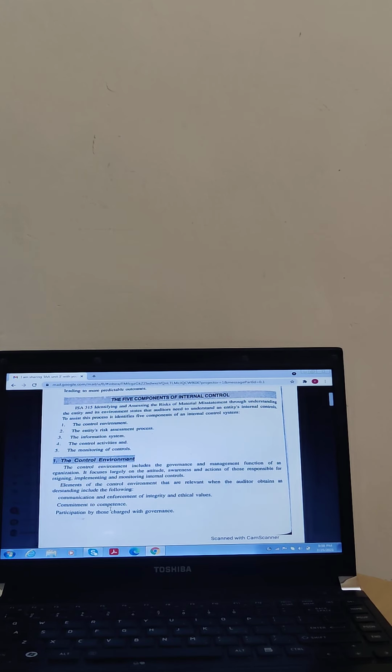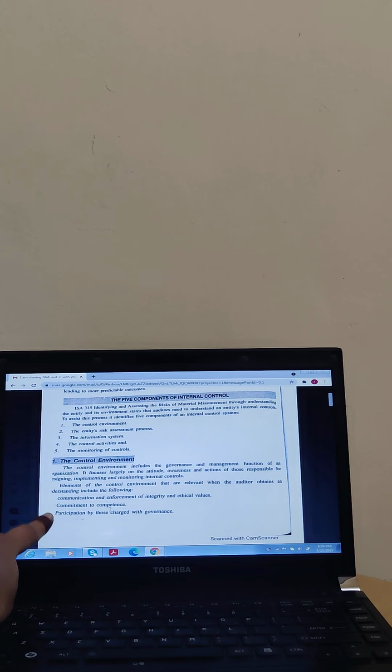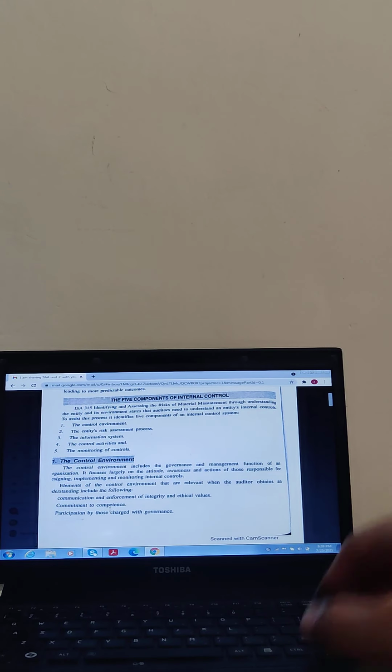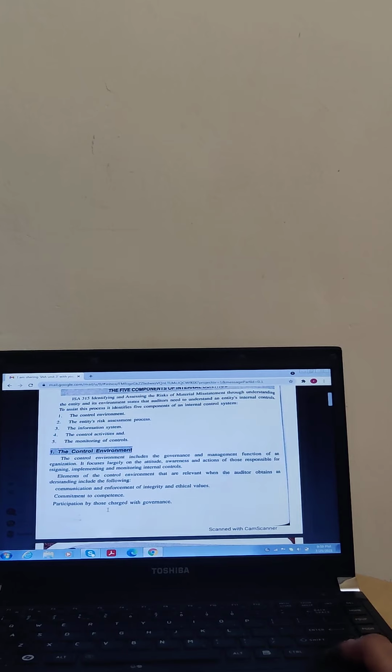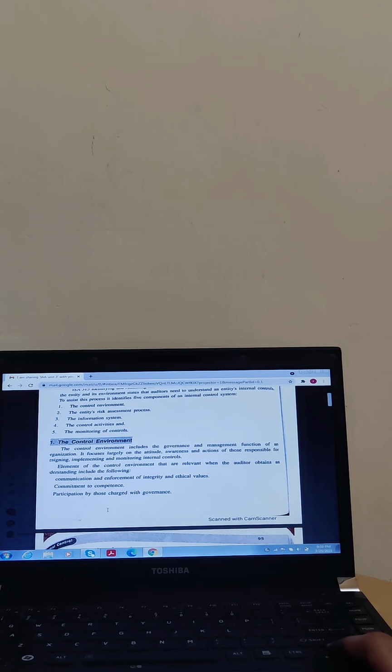The control environment is very relevant when the auditor obtains an understanding about the following things. Only when the auditor obtains information about these 3 things will he know what it is actually about. First is communication and enforcement of integrity and ethical values.